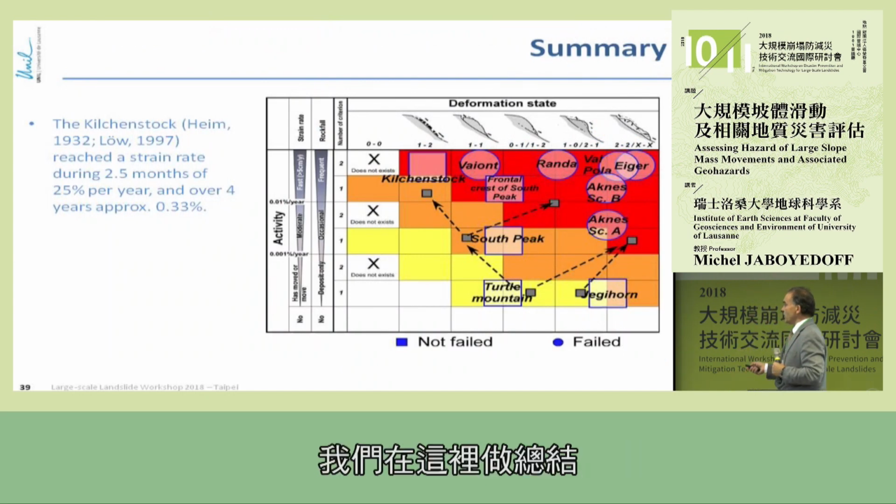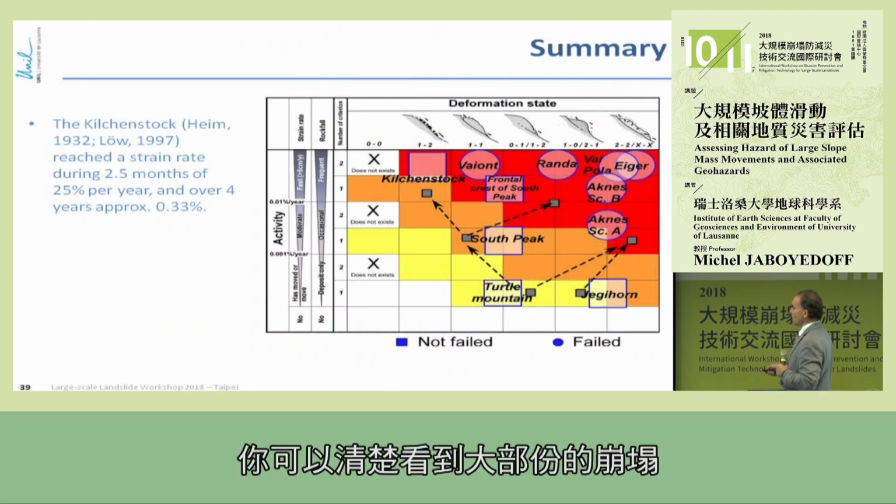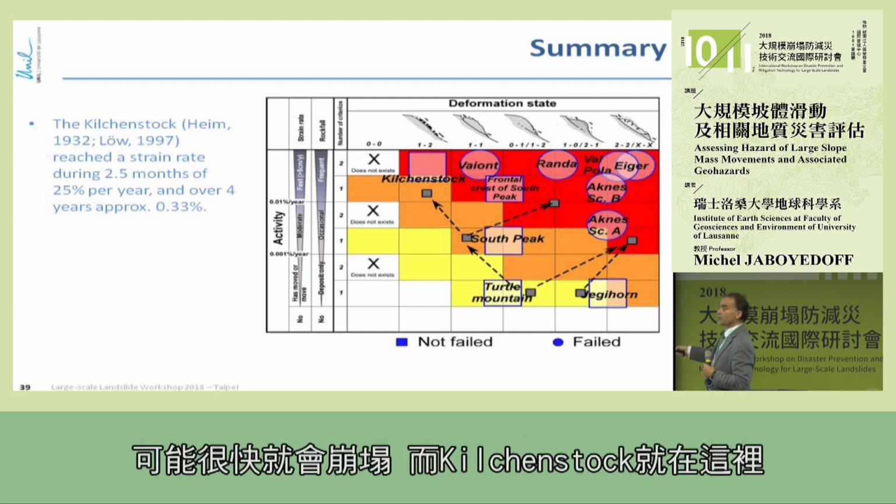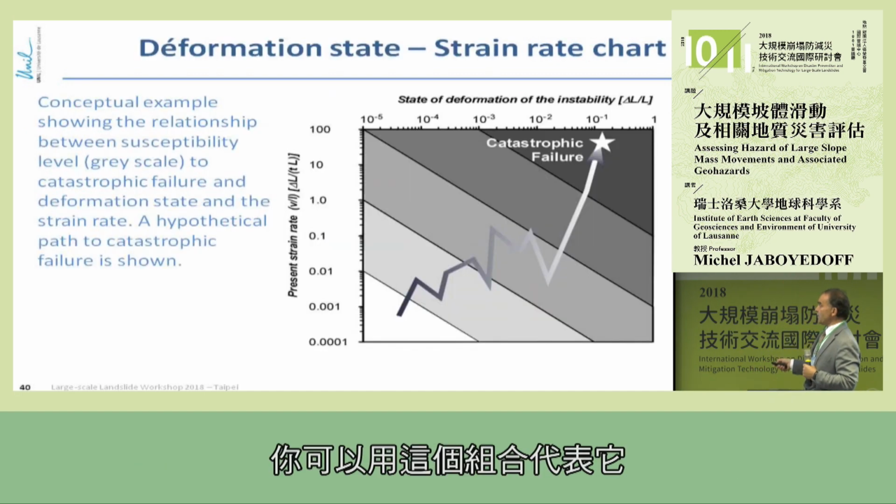We summarize here, and you see that clearly most of the landslides that have failed are in the red here. And some are more problematic, the frontal crest of South Peak, maybe it will fail soon, and Kirchenstock, which is just here.